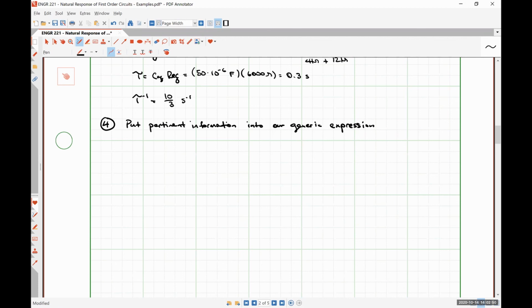So the generic expression that we have for our natural response problem, which is what we've been working today, is that y of t, which is a generic form of the response, meaning y of t represents our voltage or current of interest, because all voltages and all currents in this circuit are going to behave in this exact way, is equal to y at 0 minus for t less than 0 minus, and it's y at 0 plus times e to the negative t over tau for t greater than or equal to 0 plus.